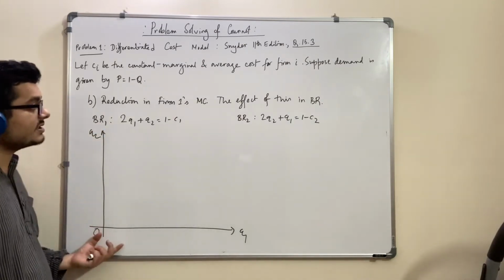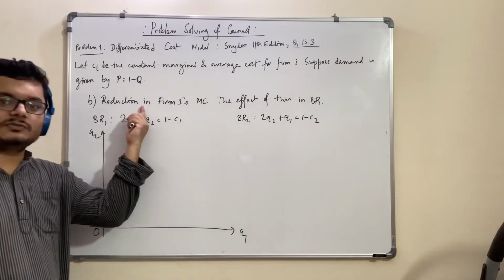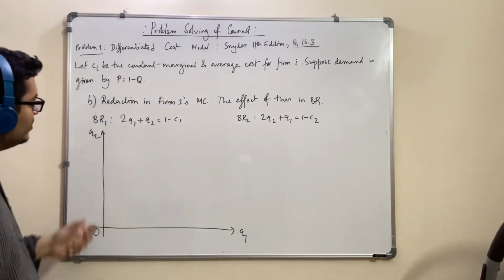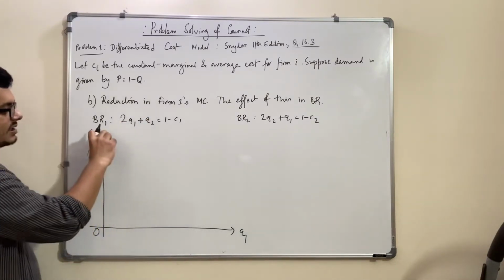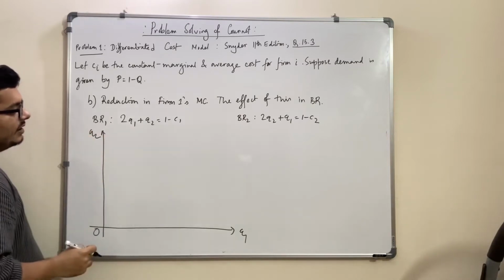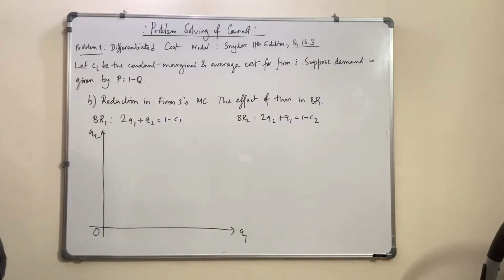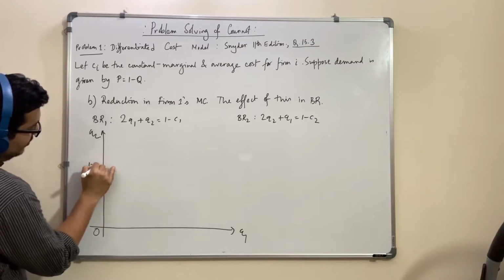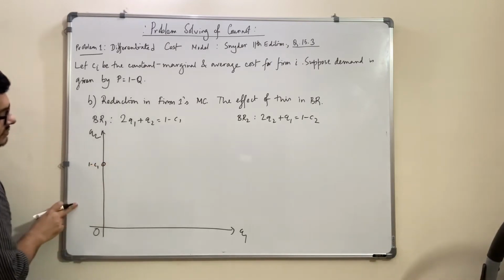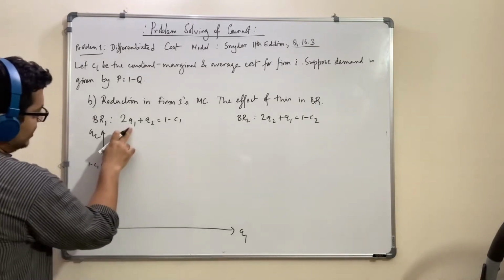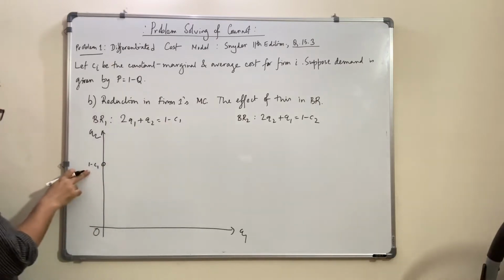For us, since we have this reduction in firm 1 scenario, we are going to keep certain gap here. So 1 minus c1 here, right? For q1 0, q2 is 1 minus c1.